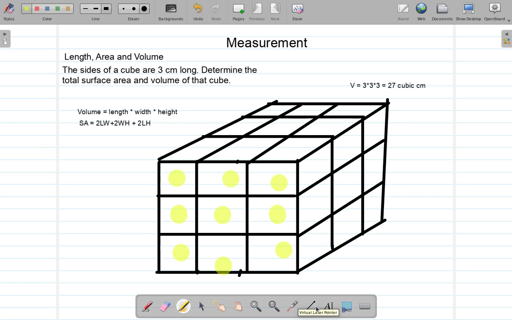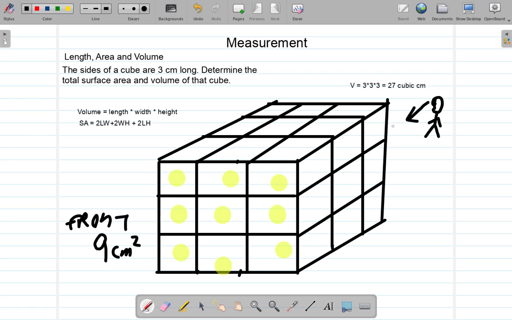Now, that being the front of it, at the front, you will have 9 centimeters squared at the front. But if you were to go behind here and look in this direction, all right, this is you, and you're looking here, you would see the same thing.